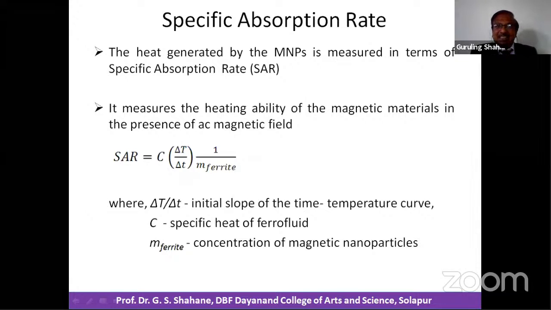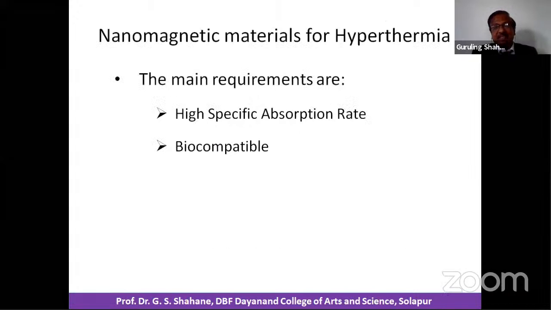Now, this heat generated by magnetic nanoparticles is measured in terms of a parameter called specific absorption rate, SAR, which is given by this formula. It depends upon the specific heat, concentration, and the slope of the graph from which you have to calculate it.